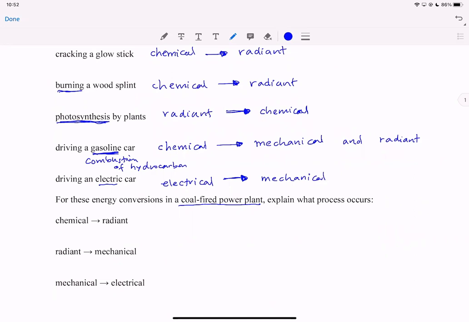So what happens in a coal-fired power plant to generate electricity? Well, the first thing is you are burning coal. So you are burning coal, and this is combustion of a fossil fuel. And so in the process of burning coal, this generates heat.